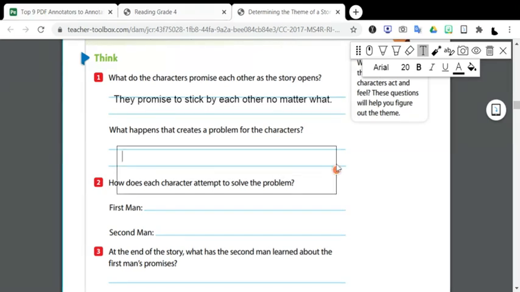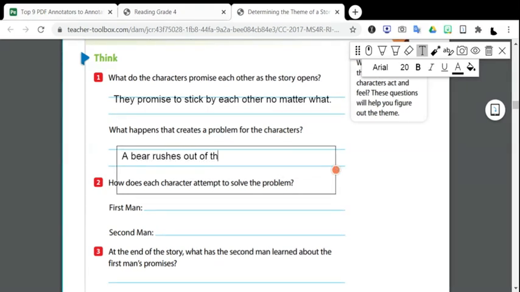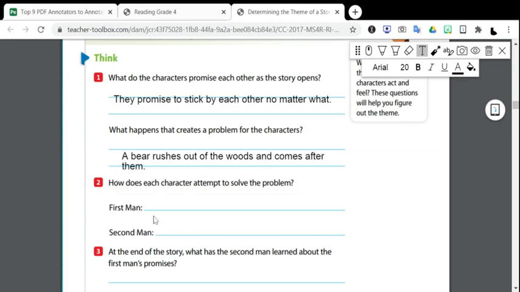What do the characters promise each other as the story opens? They promise to stick by each other no matter what.